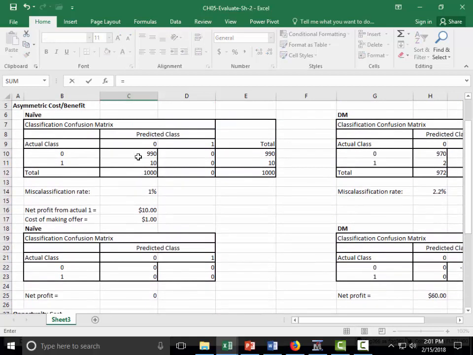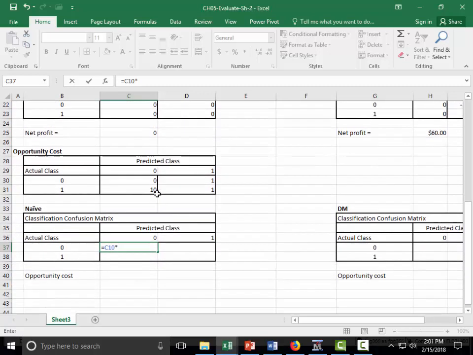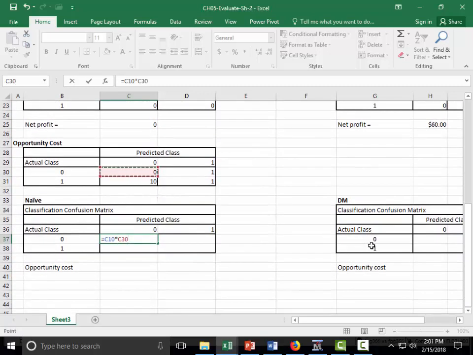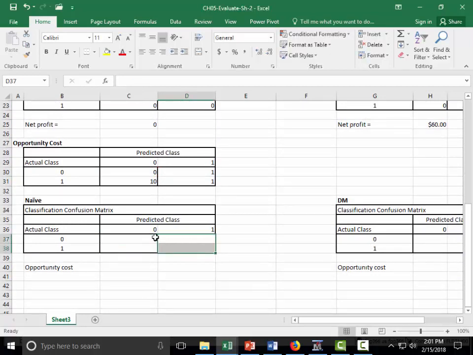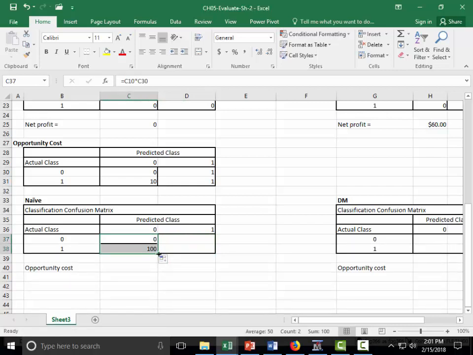All you have to do is multiply how many people are in each cell by the corresponding cost of that cell. Okay, so now when you sum, you get the cost.